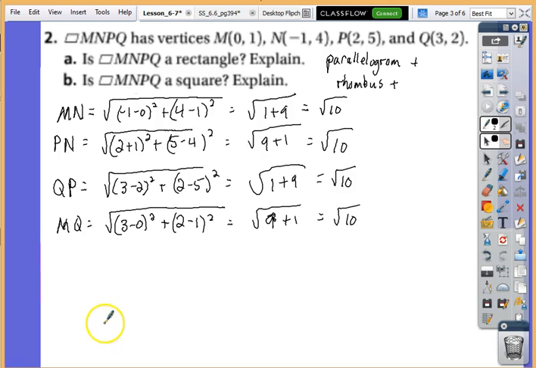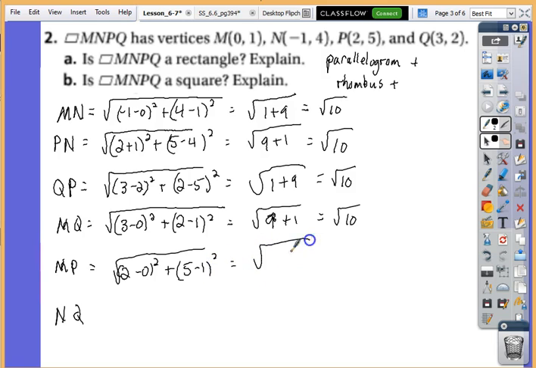All right, so now let's take care of the diagonals. The diagonals are MP and NQ. So MP would be (2 minus 0) squared plus (5 minus 1) squared. So that's going to be 2 squared is 4, 4 squared is 16. So that's the square root of 20.